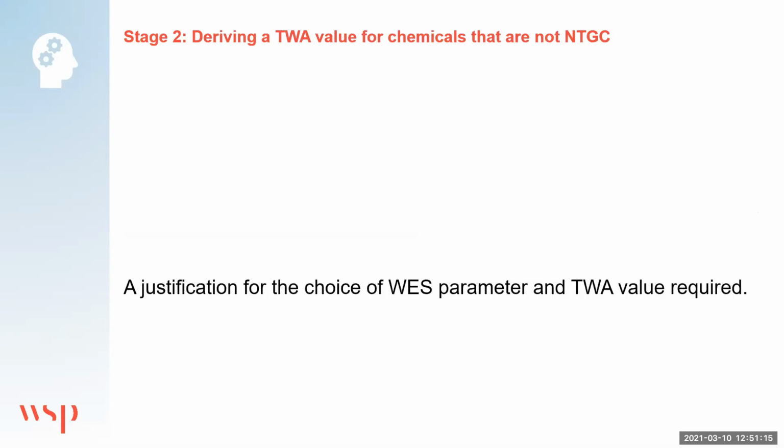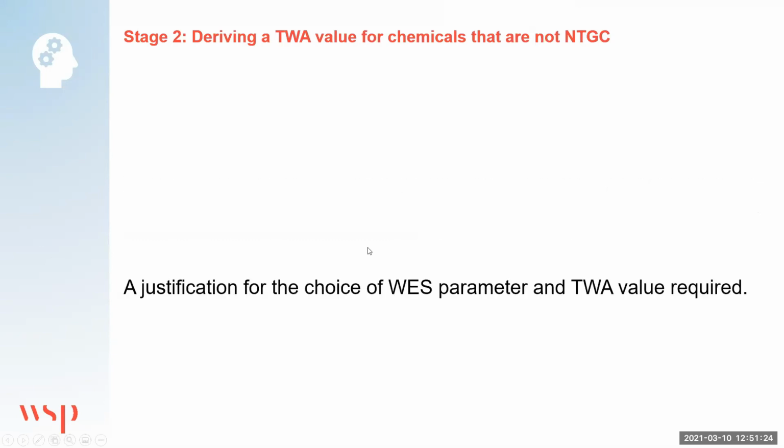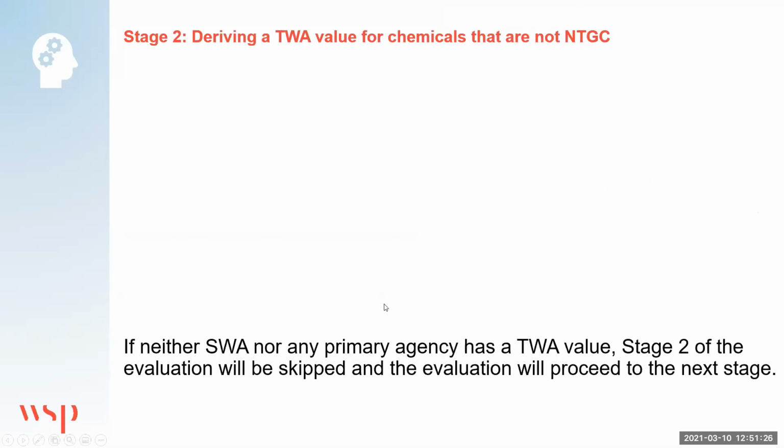We had to provide a justification as to why and how. I'll quickly give an example about this process in a second, but the other outcome is that neither Safe Work or any of the primary agencies have a TWA value.